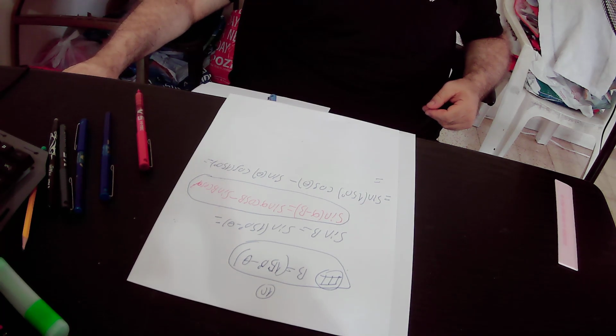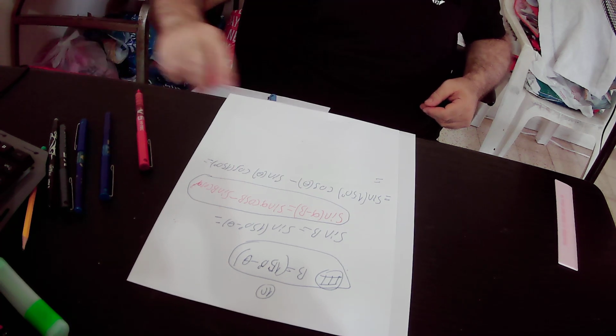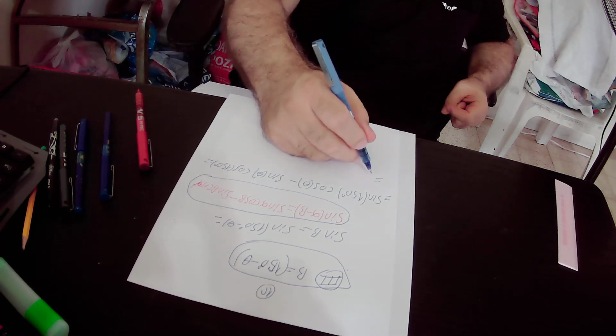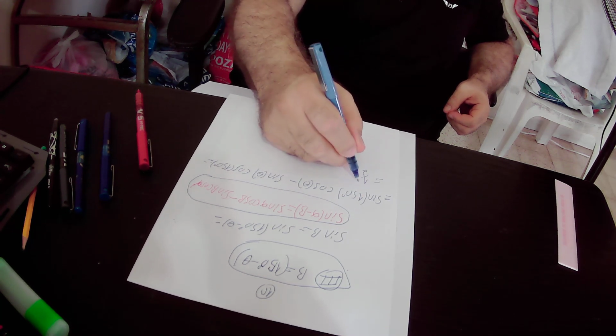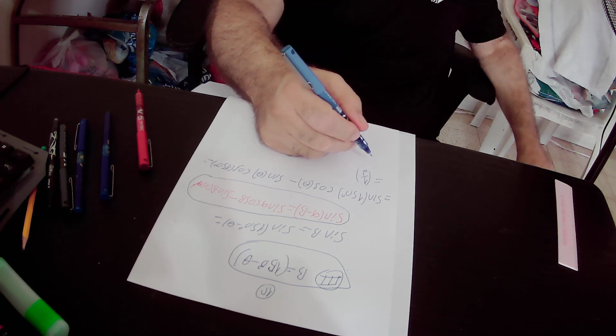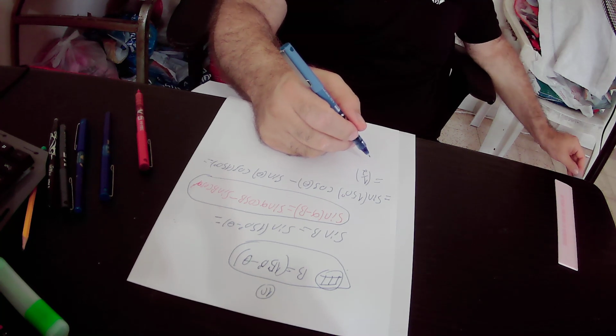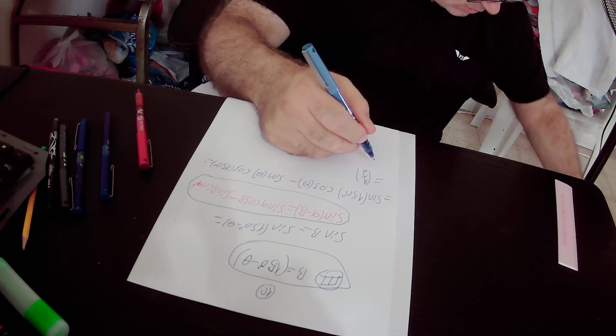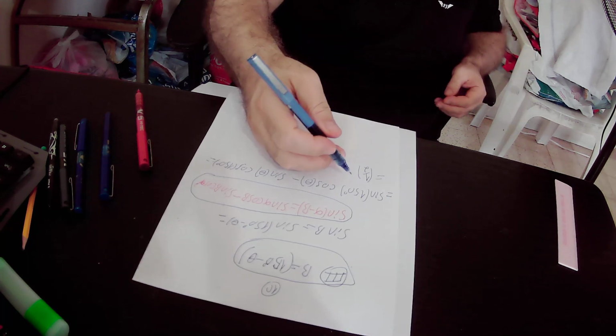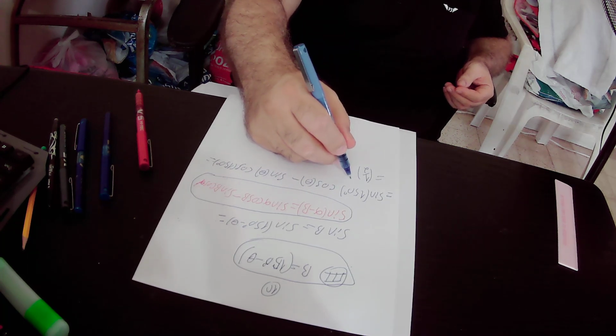It is 1 over 2, times cosine theta, but we have already found that the value of cosine theta is 2 over root 7.